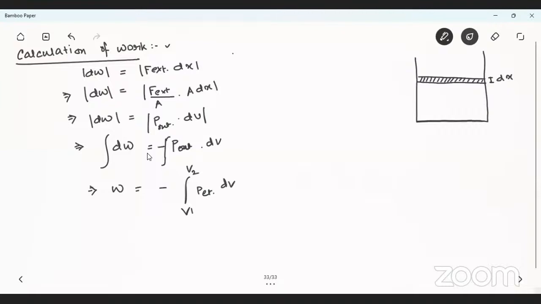So, okay. So this is the basic derivation for work done in the process of the thermodynamics. If they ask you to calculate the work in your book, do this entire calculation. Okay. Now, what is this?